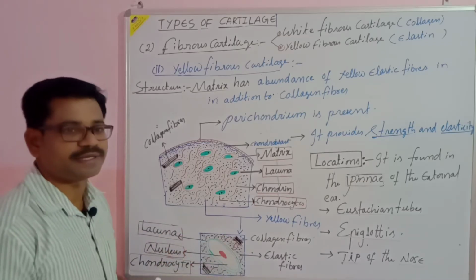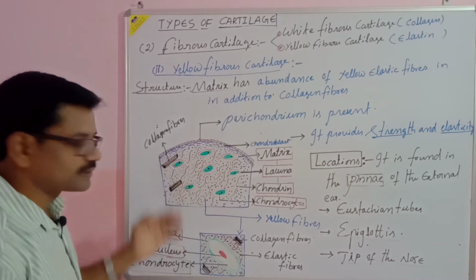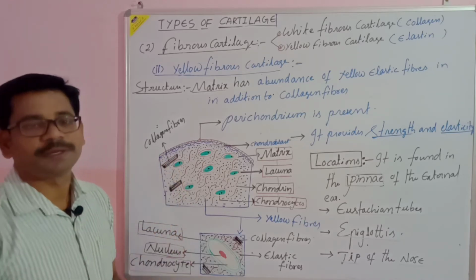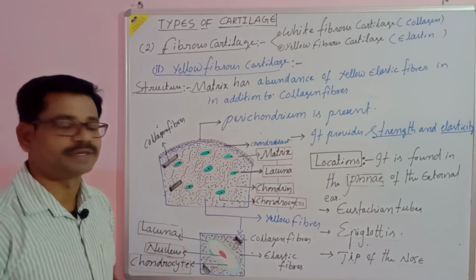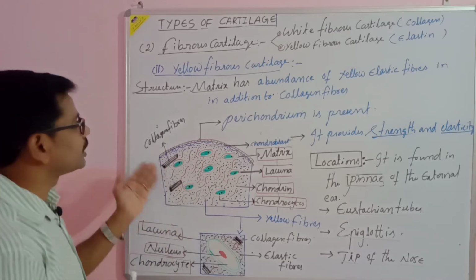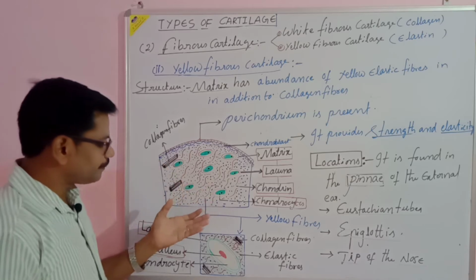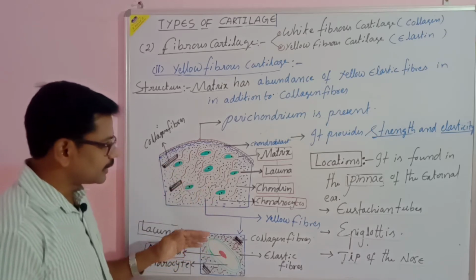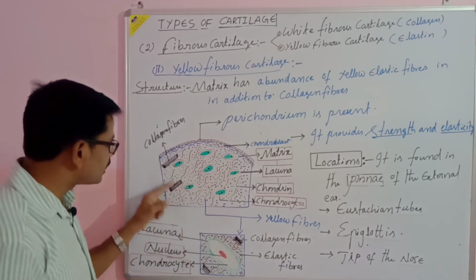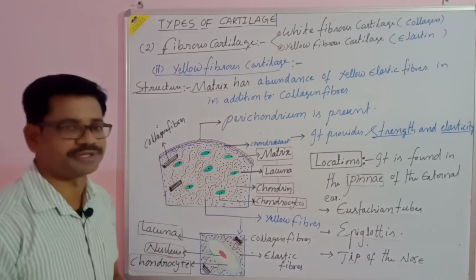But the difference is white fibrous cartilage is made up completely of collagen fibers, while yellow fibrous cartilage contains predominantly yellow fibers, but a few collagen fibers are also present.